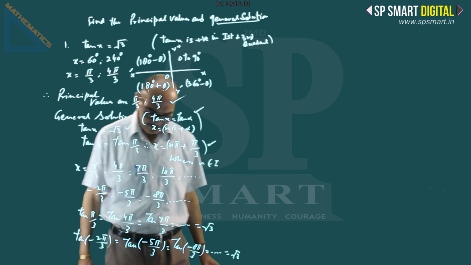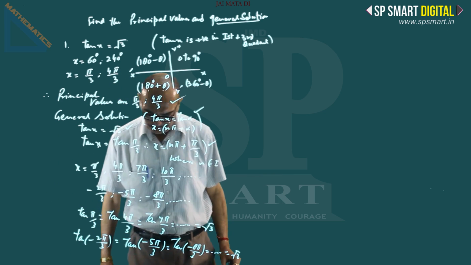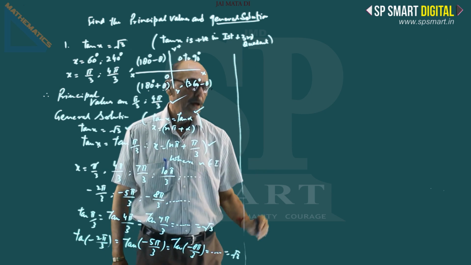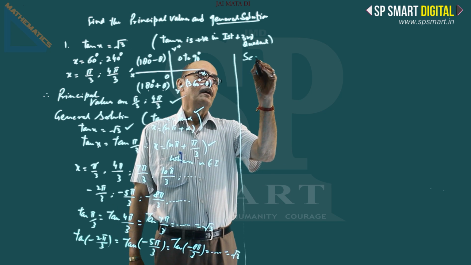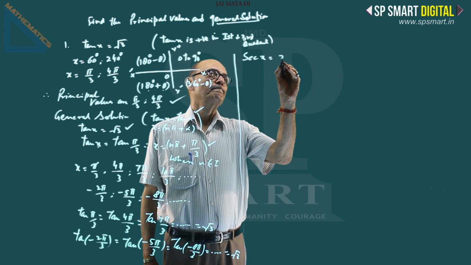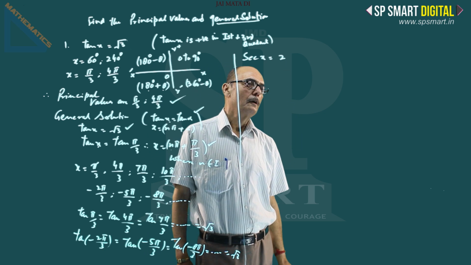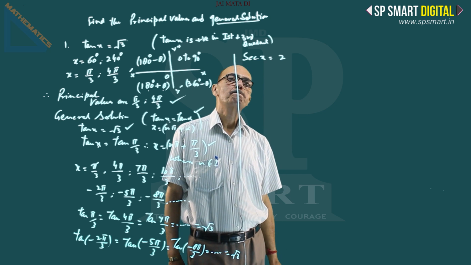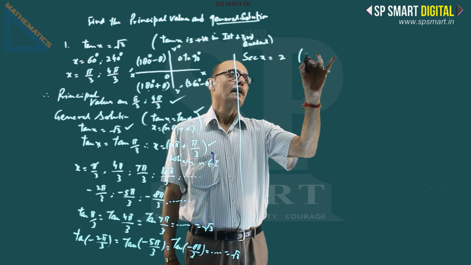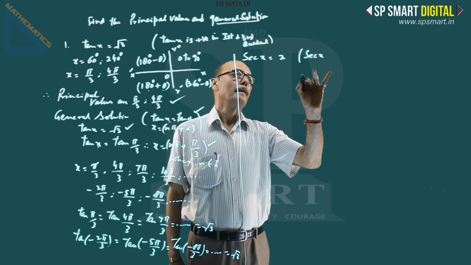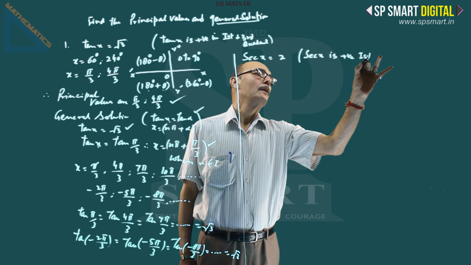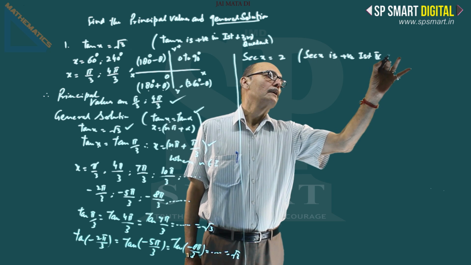We can take up another example, secant x equal to 2. So, secant x is positive in the first and fourth quadrant.